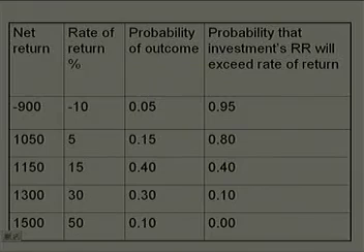Corresponding to minus 10% rate of return, you have a probability value of 0.95. So, this is nothing but one coordinate. The coordinate of this particular point is minus 10, 0.95. On the x axis you locate the point minus 10 and on the y axis you locate the point 0.95.